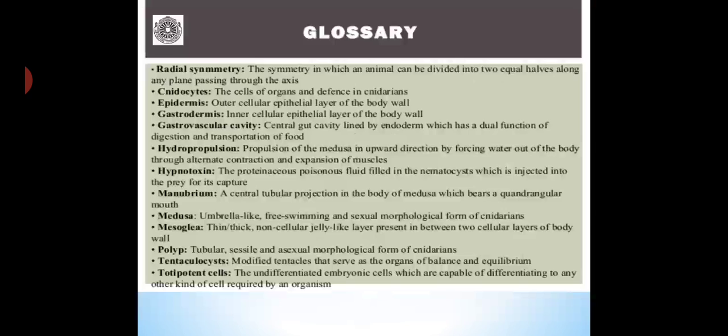Next is hydropropulsion: propulsion of the medusae in the upper direction by forcing water out of the body through alternate contractions and expansion of the body muscles. Then hypnotoxin, as I said earlier, it is the proteinaceous poisonous fluid filled in the nematocyst which is injected into the prey for its capture.